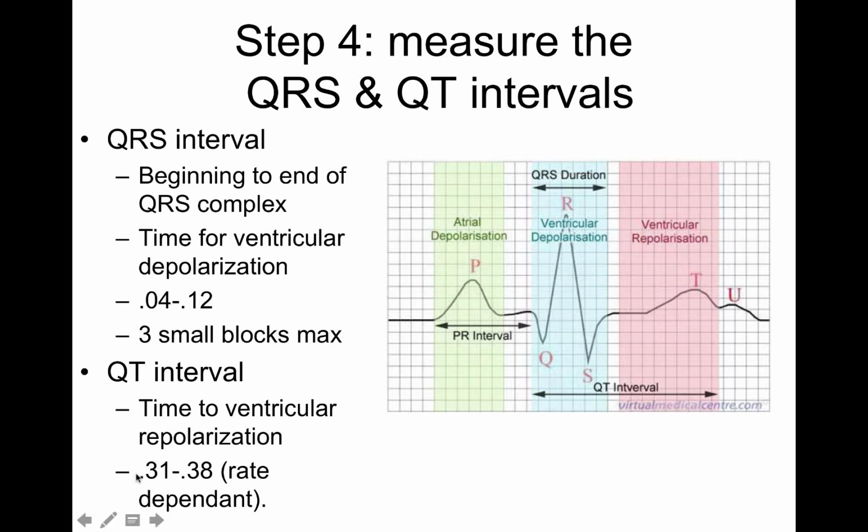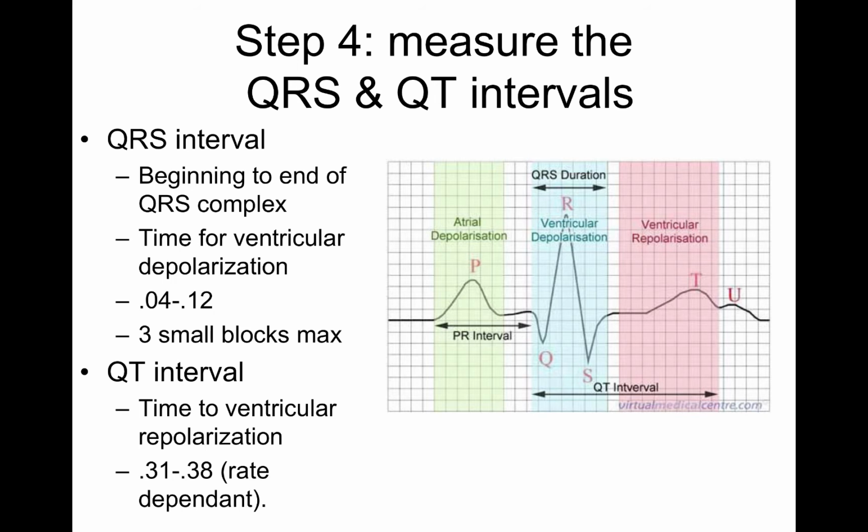QT interval is very important because there is a distance between this Q wave, the downward deflection, and the end of the T wave. A QT interval is a combination of the ventricular depolarization and repolarization. What we need to do as far as monitoring that is, there are medications that we can give that do prolong that, and antibiotics as well can cause QT interval prolongation.